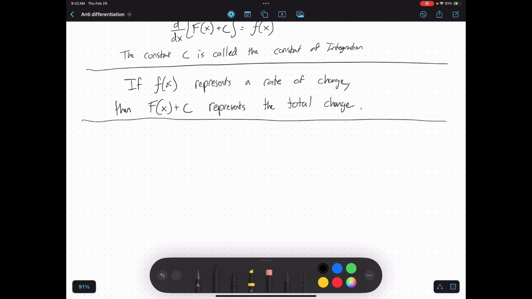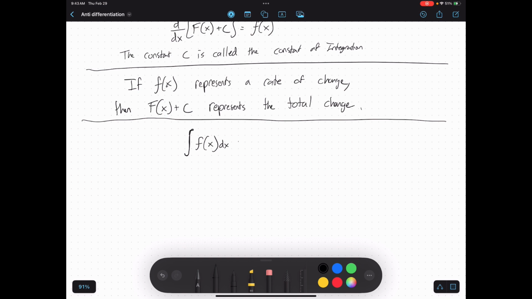So notation for antiderivatives is we use this really skinny s, okay? So if I do this really skinny s of f of x dx, and I promise, I'm going to explain that dx, what that's doing there, in a future video.